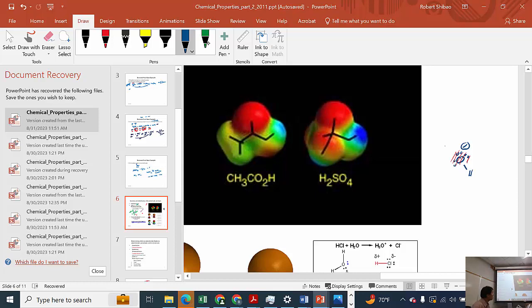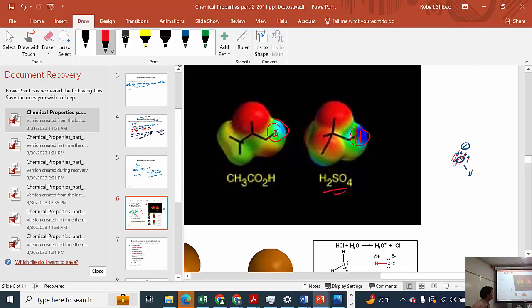So which one do you think you're going to be more attracted to? Sulfuric acid, this hydrogen here. Are you going to be more attracted to this hydrogen here, which is blue, or this hydrogen here, which is blue? Sulfuric.